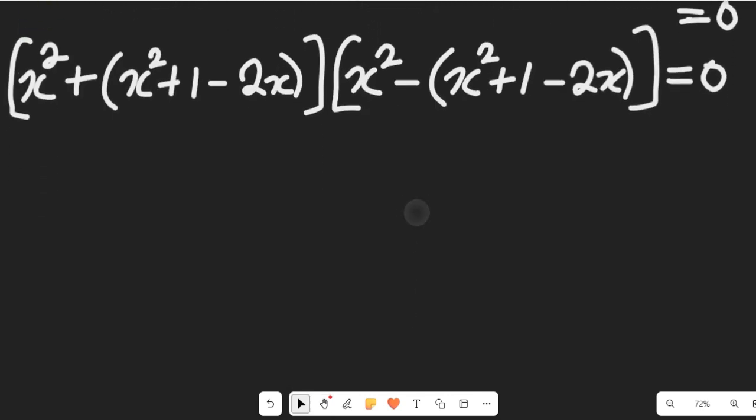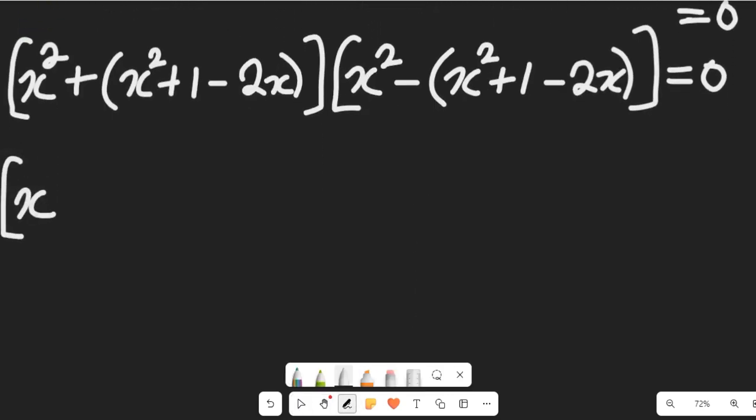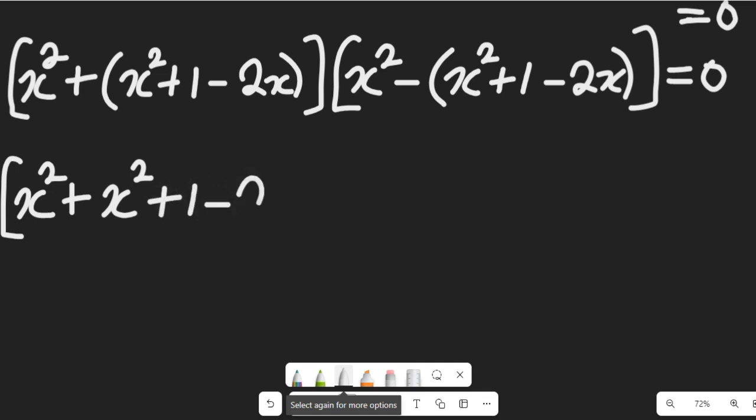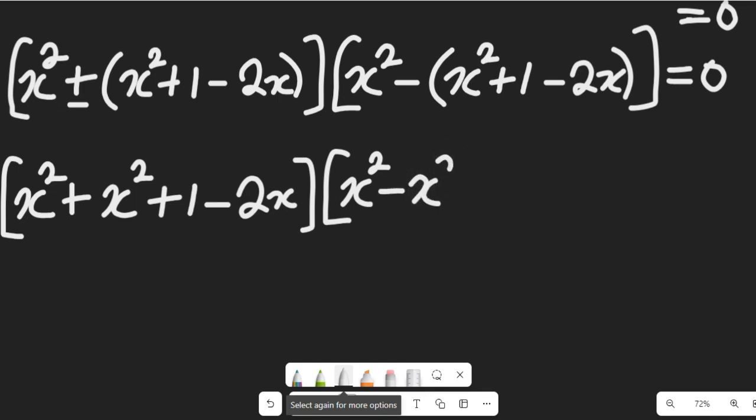So what do we have here? We have x squared plus x squared plus 1 minus 2x, and then for the second part, because the minus sign will multiply everything inside, we'll have x squared minus x squared.